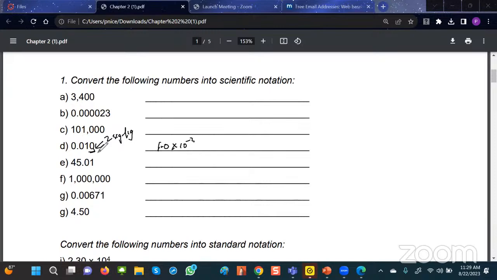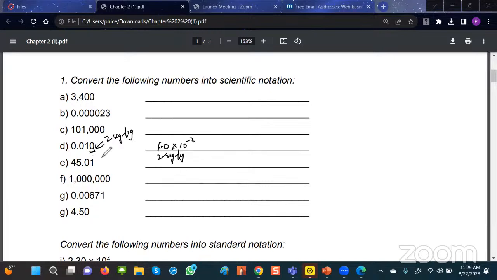Whenever you're converting from scientific notation to standard notation and vice versa, the number of sig figs must be maintained. Very important. So therefore, when you move the decimal point 2 places here to get 1.0, you have to indicate that this is still 2 sig figs.